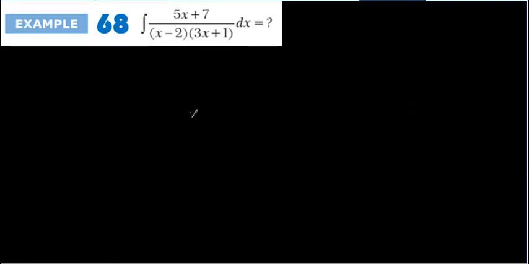Okay, 5x plus 7 over... it's already factorized here, there's no need to factorize, but we know this one. This is 3x squared minus 6x plus x, which equals minus 5x minus 2, the denominator here normally, and 5x plus 7 integral dx.